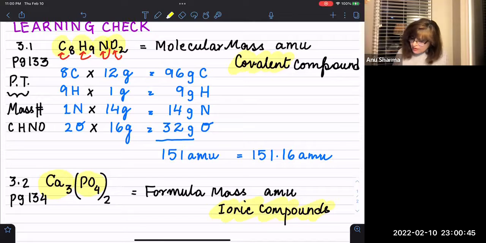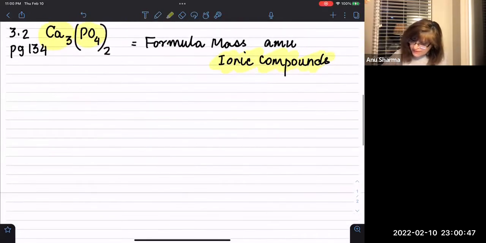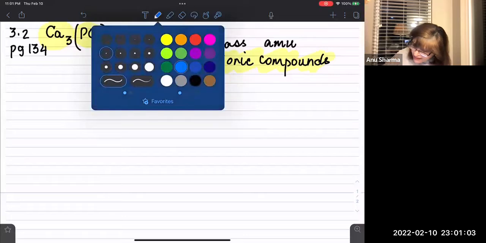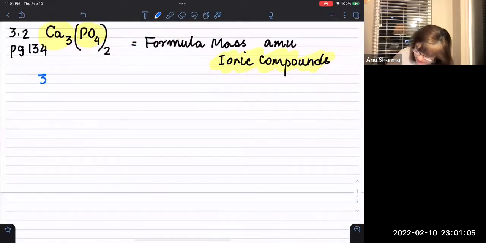Now we are looking at calcium phosphate, an ionic compound. What is the formula mass of calcium phosphate? Here we have three atoms of calcium.